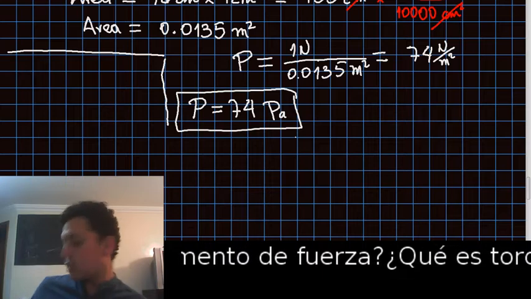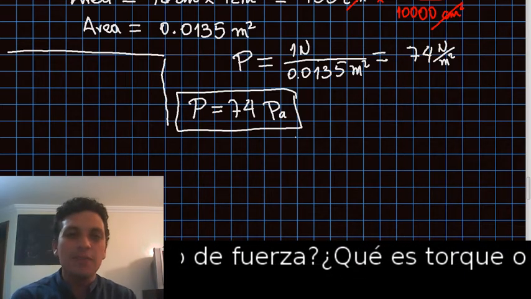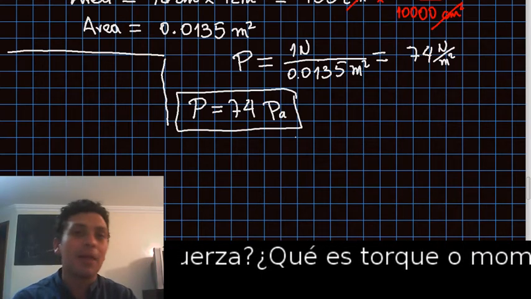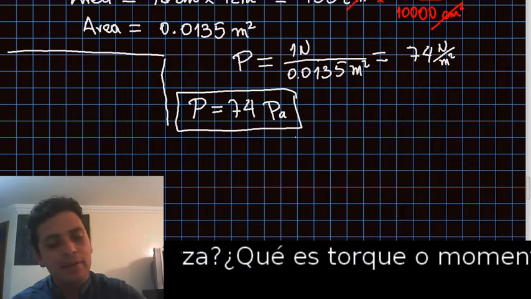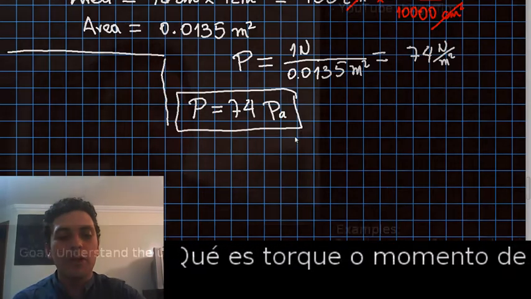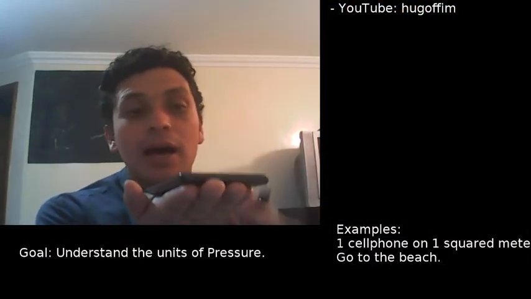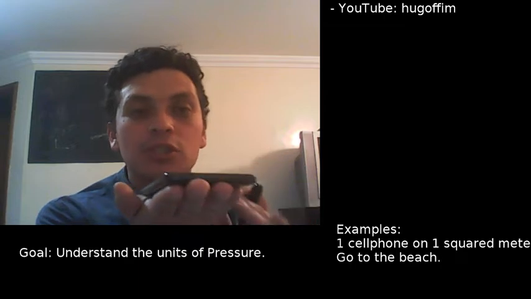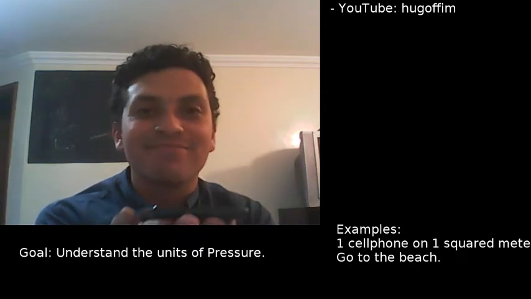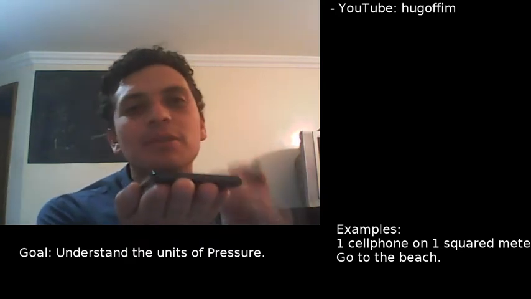So just imagine, put your cell phone on your hand and try to feel the pressure that the cell phone applies on your hand. Okay? The cell phone is applying about 74 pascals.